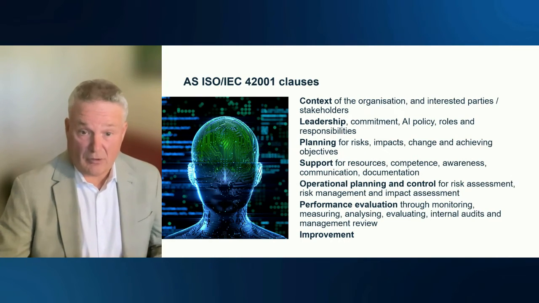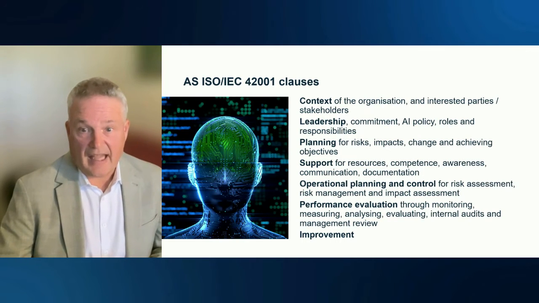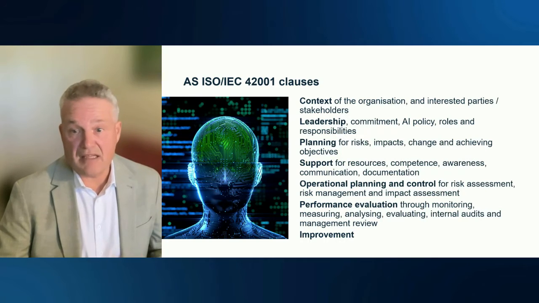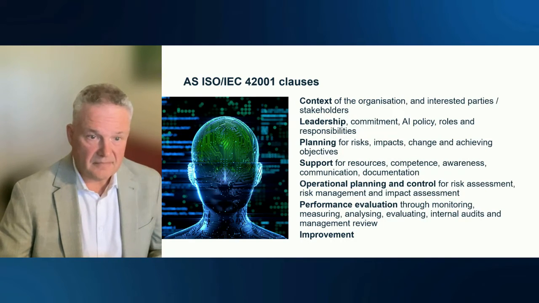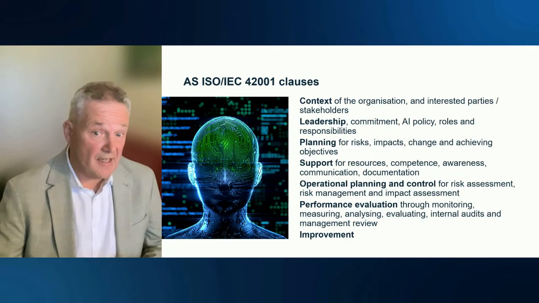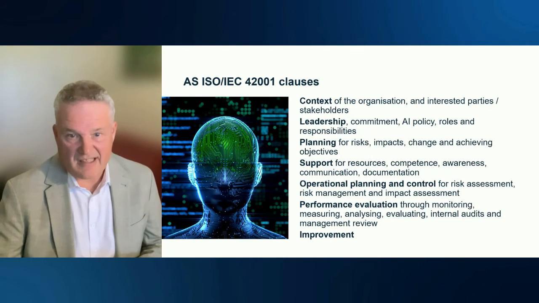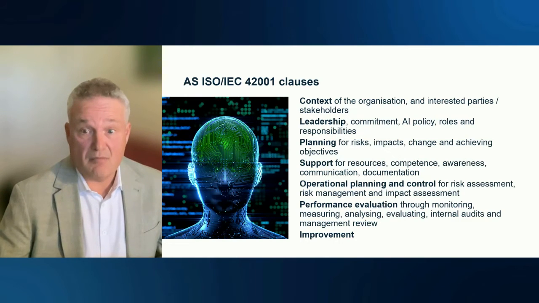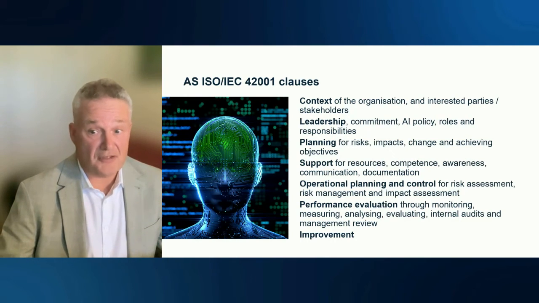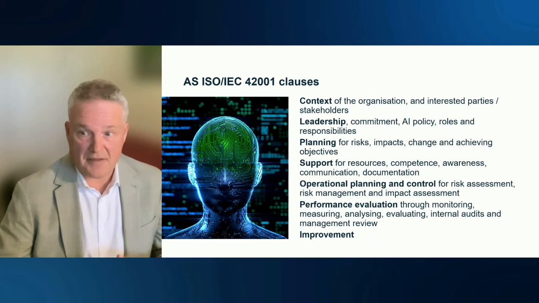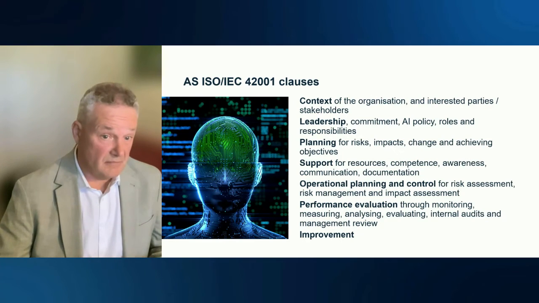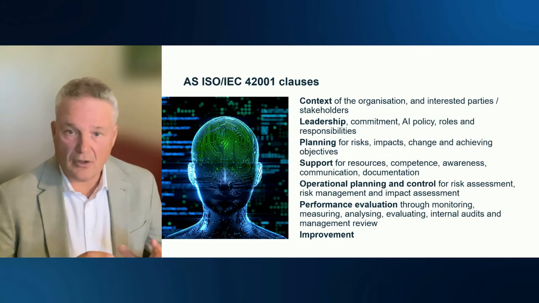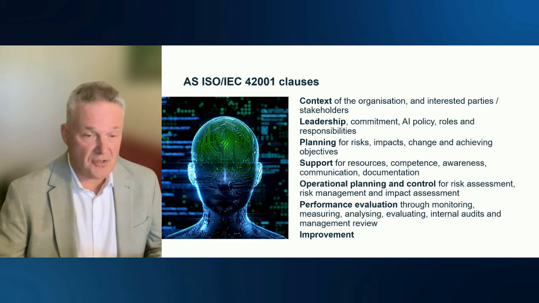The contractual obligations that you might have, and the technical requirements to meet those objectives and to meet those obligations. Other elements of the context include stakeholder expectations and their needs and the actual scope of the AI management system. You may, for example, focus initially on a single application or a single system or a single division before you attempt to embrace the entire organization. So there's a lot of consideration that goes into that context.